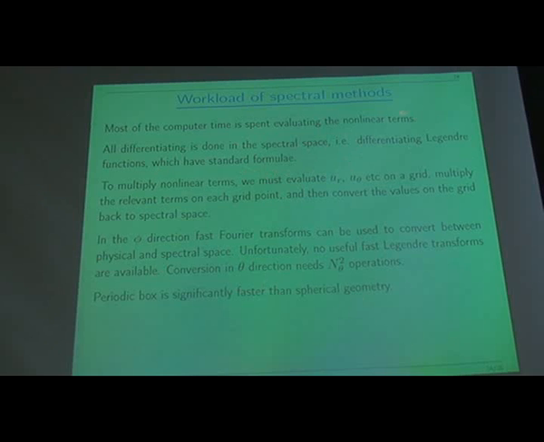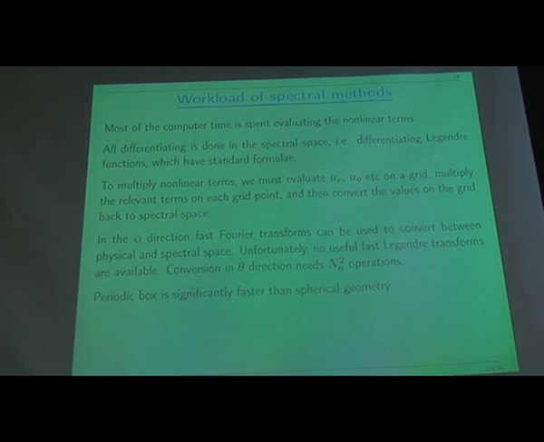Once you've done that, you then convert everything to a grid. And the grid should have more points than the number of spectral coefficients. The 3 halves rule is the one that's usually used. So you usually have 3 halves as many points on the grid as you did spectral coefficients.